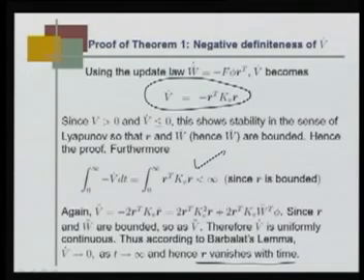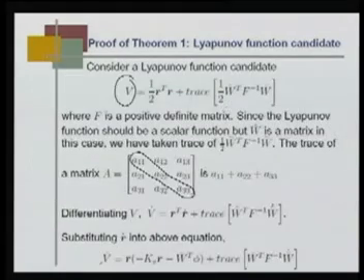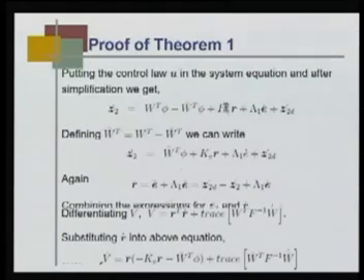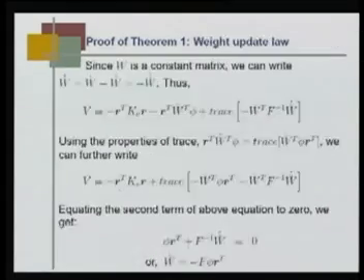Thus, according to Barbalat's lemma, this term will go to 0 as t tends to infinity. So, r would vanish with time. And what is r? We have defined r as this particular term, which is the filter tracking error. So, finally, the error will converge to 0.